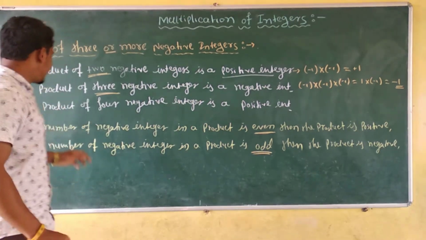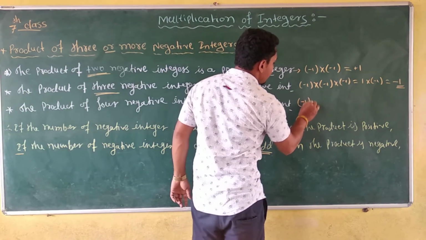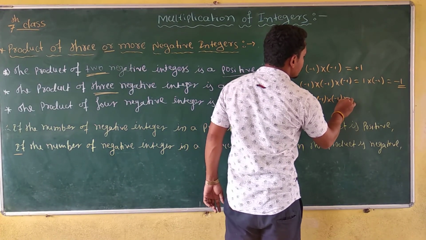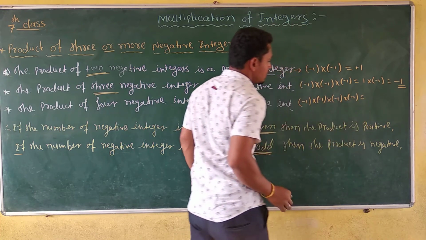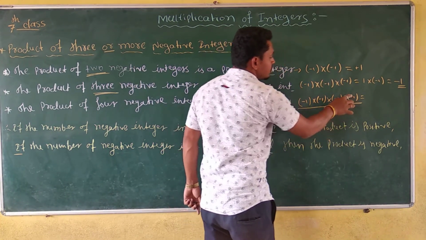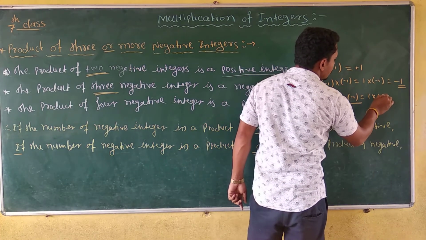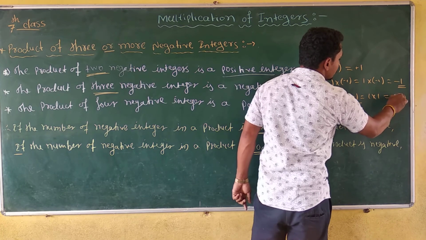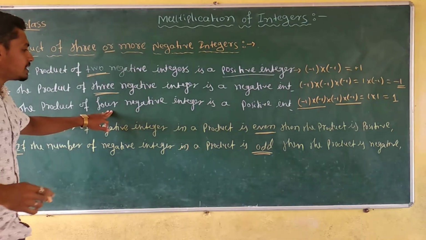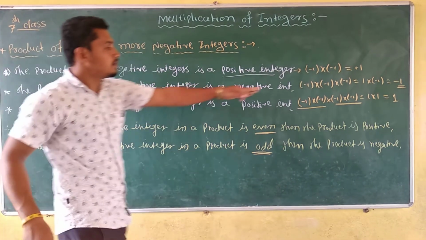Next, the product of four negative integers: minus 1 into minus 1 into minus 1 into minus 1. Minus 1 into minus 1 is plus 1, and again plus 1, so 1 into 1 is plus 1, because 4 is an even number and the product is positive.